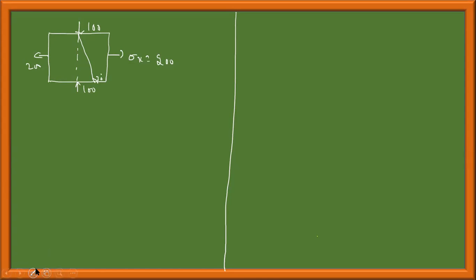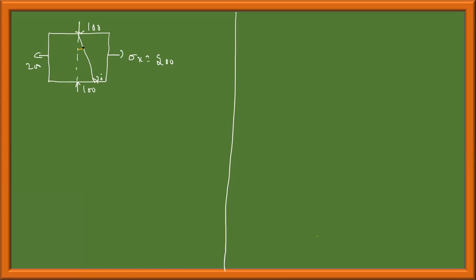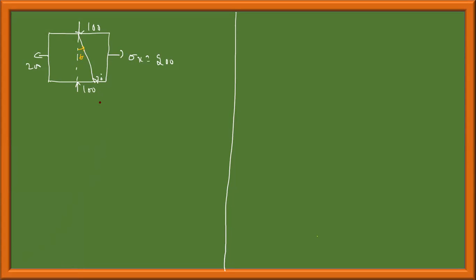What would be this angle? When this is 30 degree, what will be this angle? If you drop a vertical like this, 60, sir.